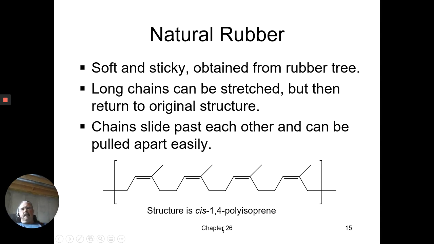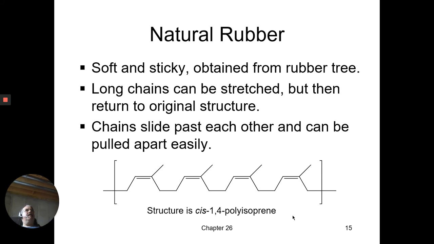There is another polymer called gutta-percha, and this is also a polymer of isoprene, but gutta-percha has all trans double bonds. And gutta-percha, like natural rubber, comes from a tropical plant.